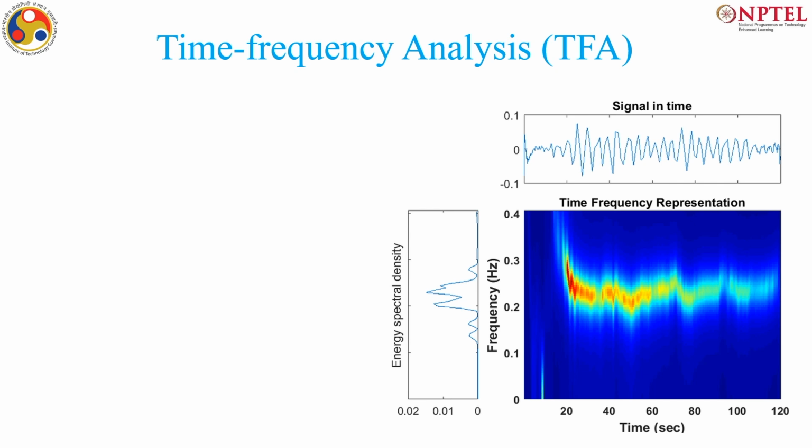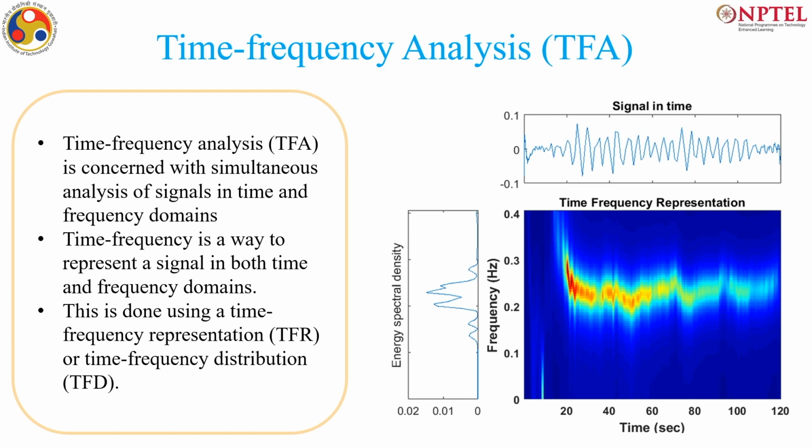So, what is time frequency analysis? This is concerned with simultaneous analysis of signals in time and frequency domains. Like if you see this signal, here I can see how the signal is behaving in time, but I do not know what frequencies are present in this signal.